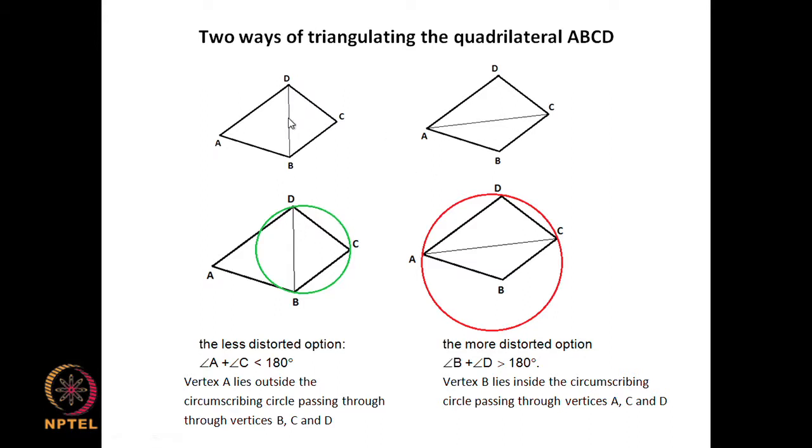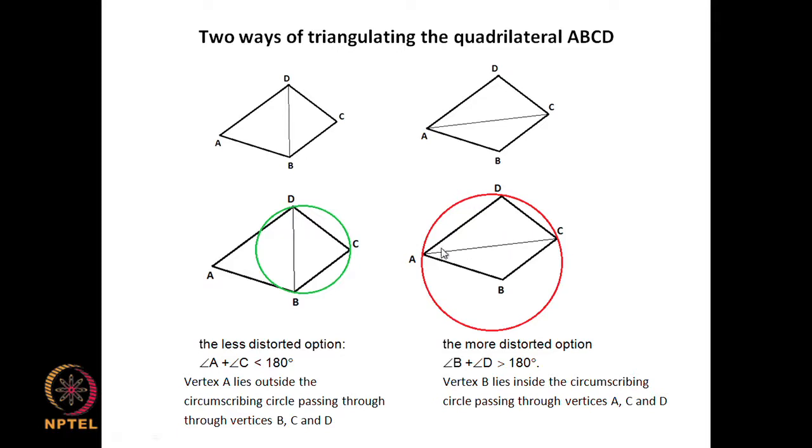One way of detecting whether we have the less distorted option or the more distorted option is to look at the sum of angles A and C. These are the ones which are opposite the diagonal BD, and if the sum is less than 180 degrees, then joining the BD diagonal will give us a less distorted option.